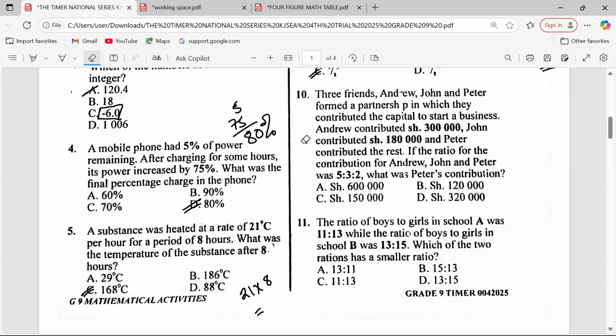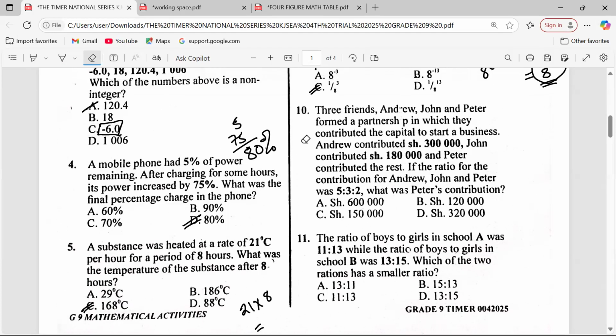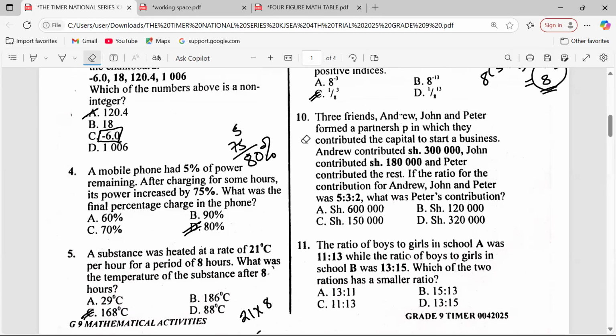What was Peter's contribution? So here now, we shall use proportions. Andrew contributed 5 proportions. John contributed 3 proportions. And then Peter contributed 2 proportions. So what value are we given?